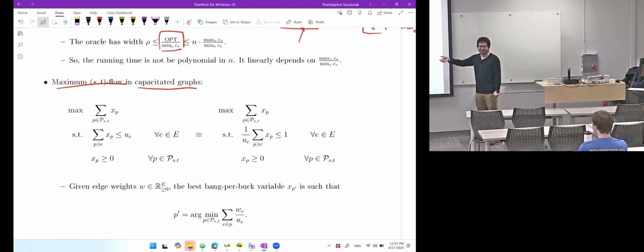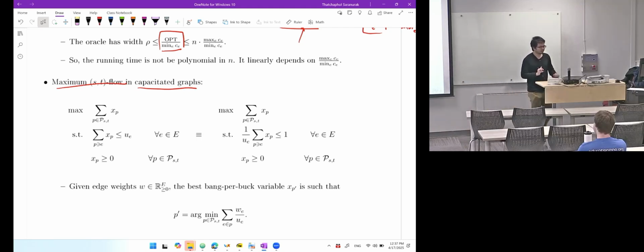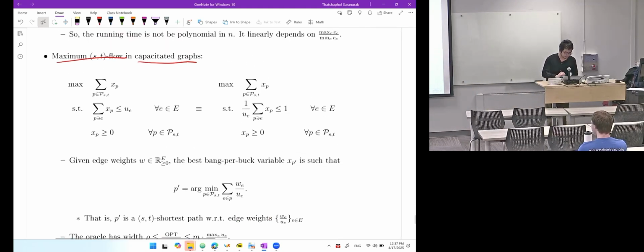The weight for each edge is now W e over U e instead of W e only. So you can compute this fast, right? Just use Dijkstra with these weights. You can compute it in linear time, basically m plus n log n.